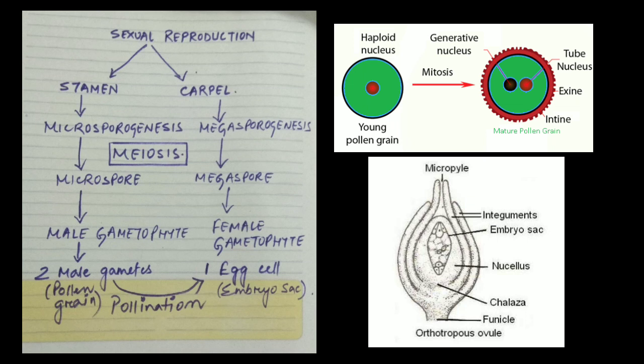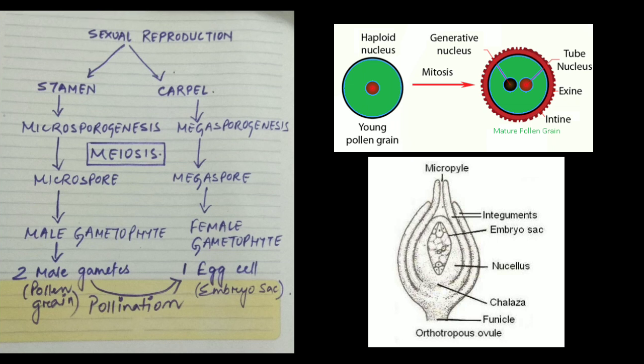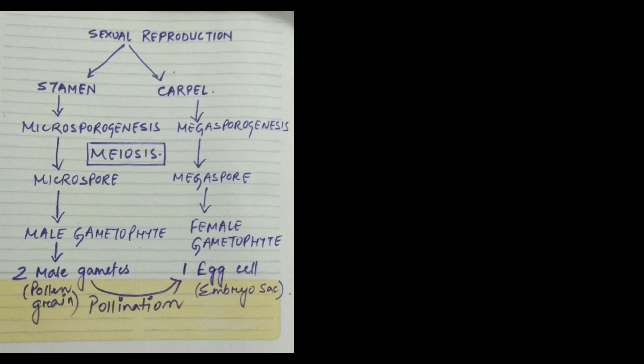Microspore undergoes certain development and it forms two male gametes, and megaspore similarly undergoes development and it produces the embryo sac, which bears one egg cell along with some accessory cells.